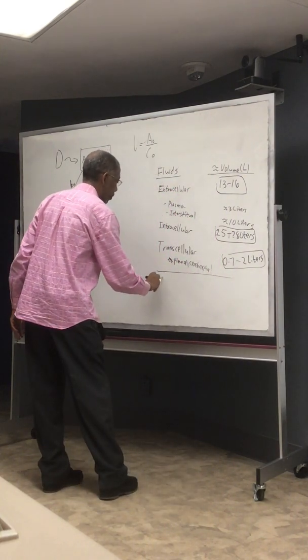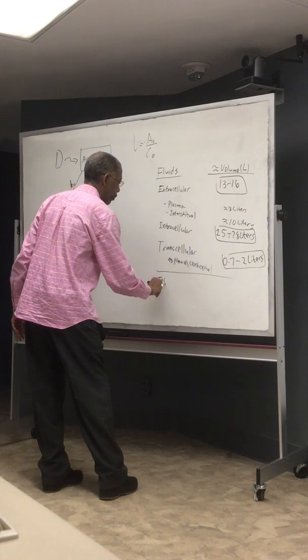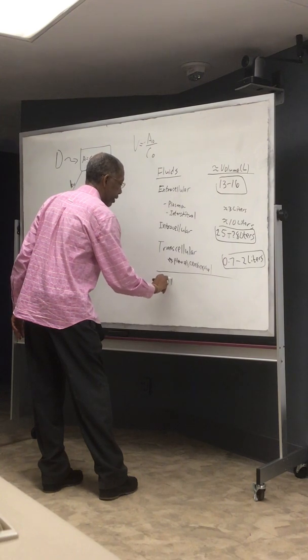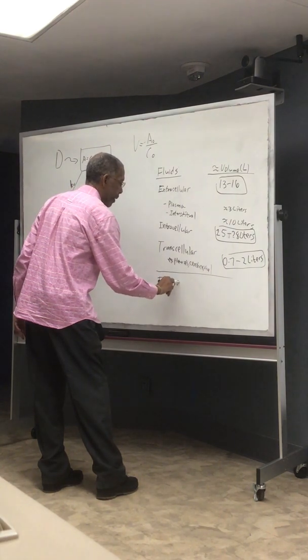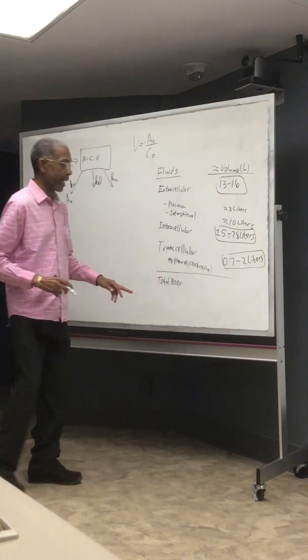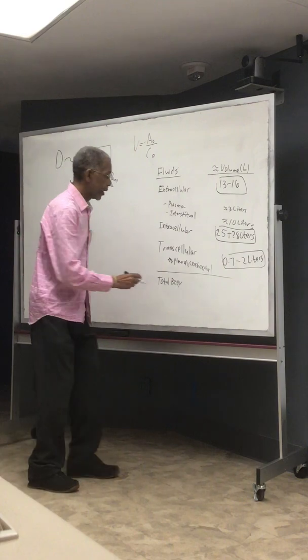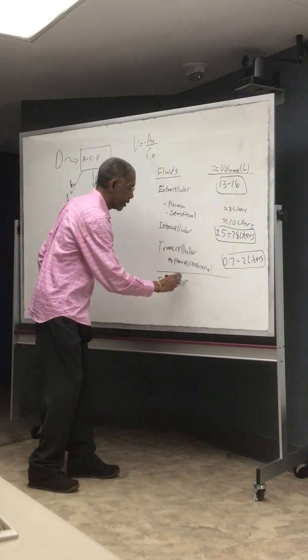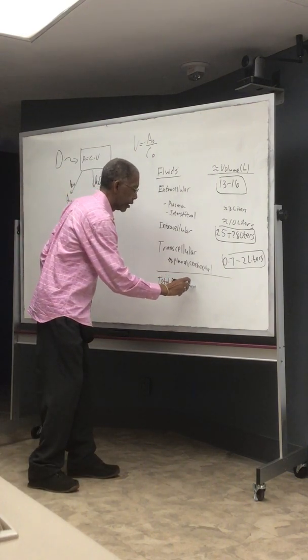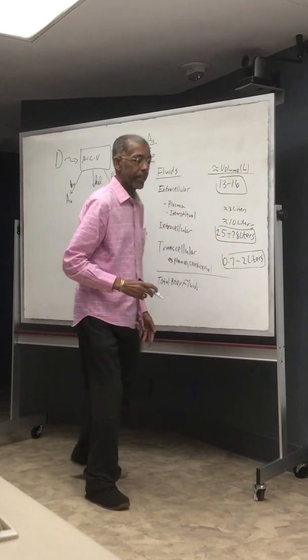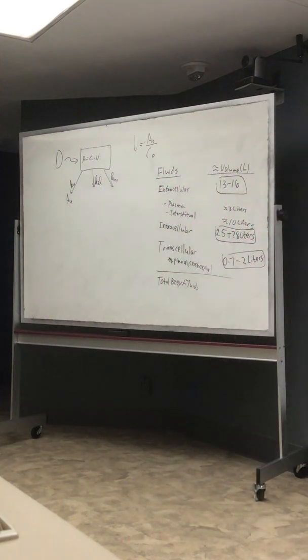I'm just going to call it total body water. What did it say, total fluids? Total body fluids. I'm writing lower than I plan to, so I'll make sure that I read this to the folks in the back so you know what I'm writing. Total body fluids, and in my notes, I think I said approximately 40 to 46 liters.